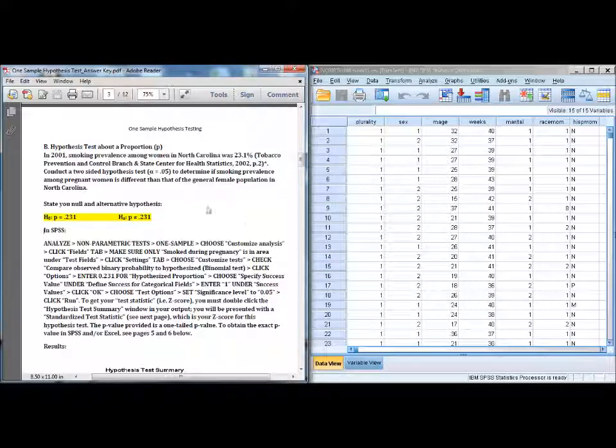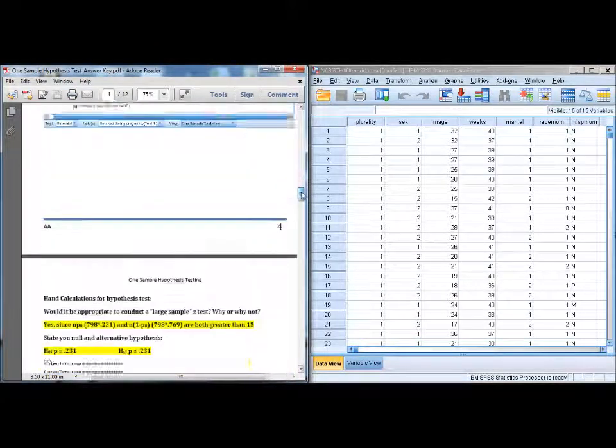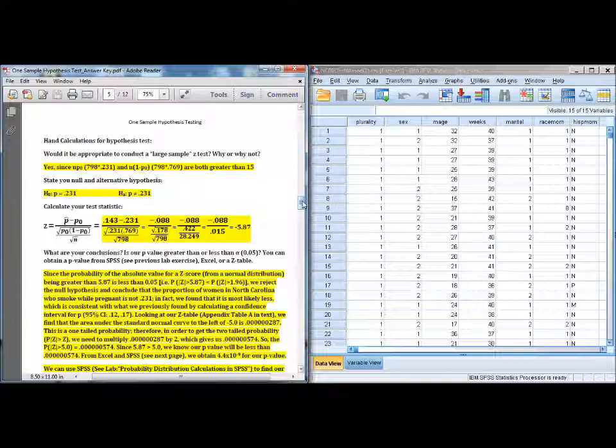So in a sampling distribution, which we are assuming is normal, and why do we assume the sampling distribution is normal? So we use our rule of thumb, which we've learned. If you go to page 5 under hand calculations, you'll see we first need to assume a normal sampling distribution.